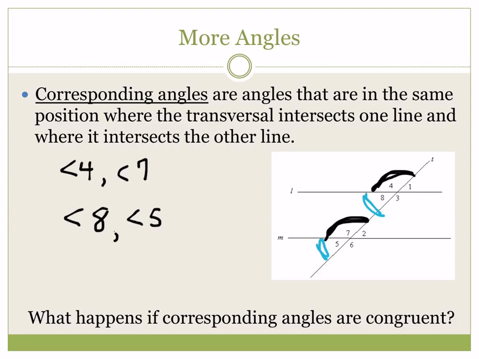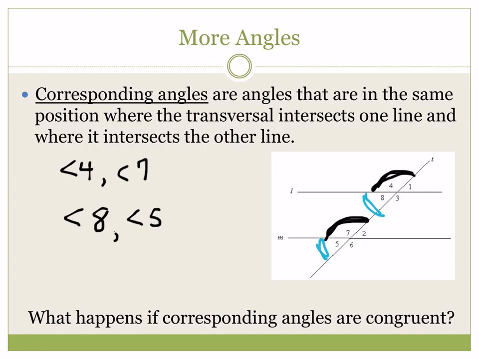Then what would you be able to tell me about 5 and 8? They're also congruent to each other, not to 4 and 7, right, but to each other. What would that make true about 6 and 3? They would be congruent to each other. And they would also be congruent to 4 and 7, that's true. But they are automatically because they're vertical. How about 2 and 1? Same thing, right? So you'd end up with all 4 pairs that are congruent. All it takes is one pair to be congruent.